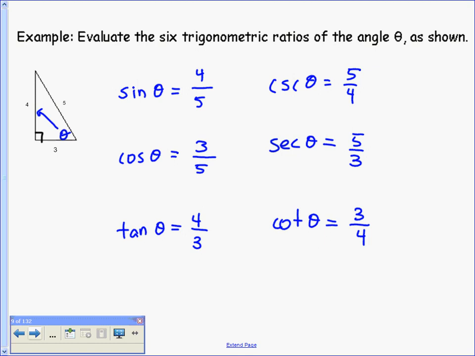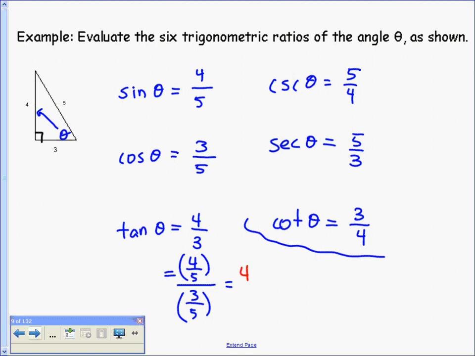All right. Now you've also heard me say that tangent can be written not using sine and cosine, but as sine over cosine. So if I have sine, which is 4 over 5, over our cosine, which is 3 over 5, if I simplify this, hold on, let's not get confused here.